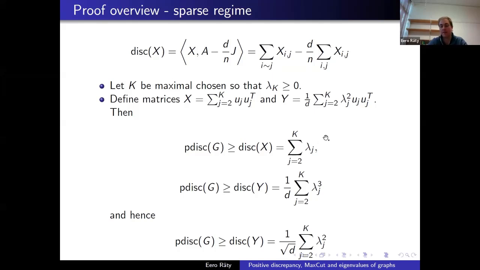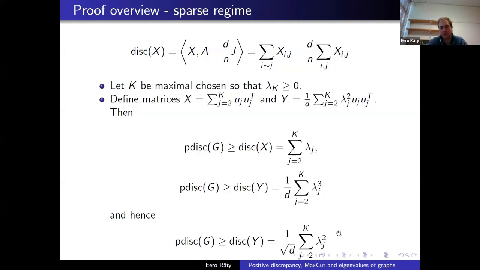So by using the observation presented on the last slide, we conclude that the positive discrepancy is lower bounded by the sum of the non-negative eigenvalues. It's also lower bounded by the sum of the cubes of the non-negative eigenvalues divided by d. And by Cauchy-Schwarz, we can also get the appropriate bound involving the sum of the squares.